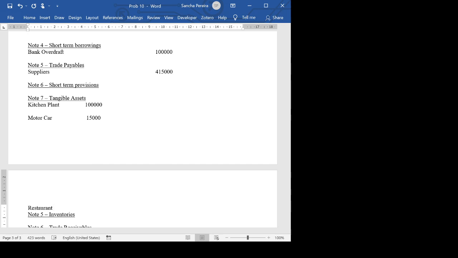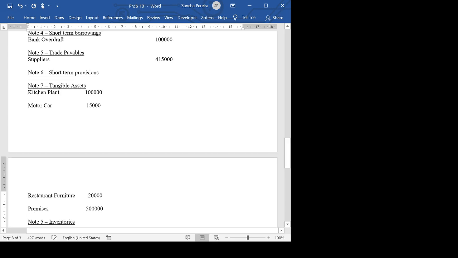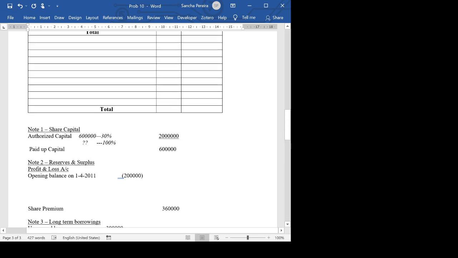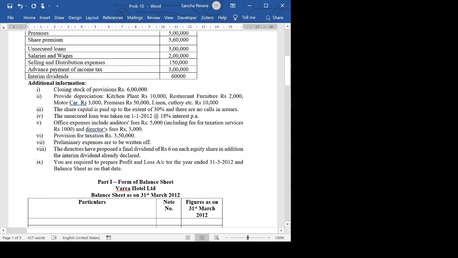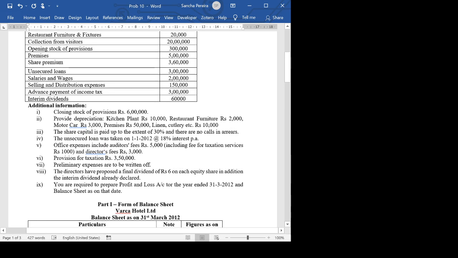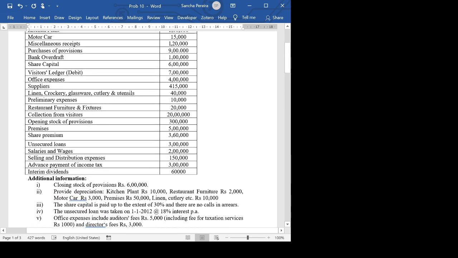I'll come to the depreciation a little later when we reach the adjustments. I've not touched any of the adjustments till now.